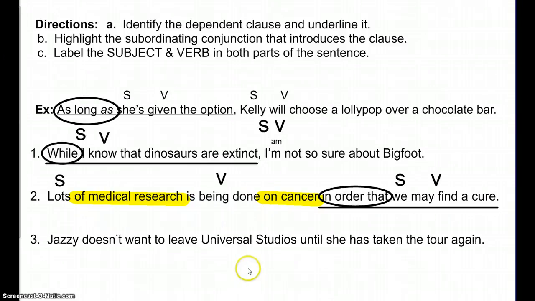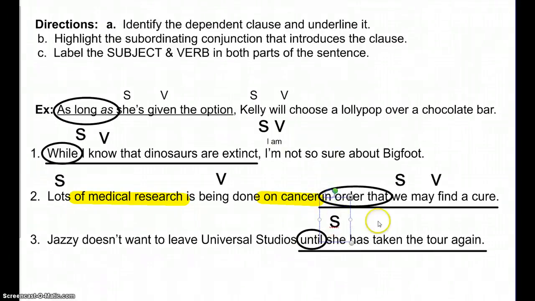Jazzy doesn't want to leave Universal Studios until she has taken the tour again. Looking at my list on that other page, until signals that I have a dependent clause. And that tells me where my dependent clause starts. Until what? Until she has taken the tour again. If this is truly a dependent clause, there has to be a subject in there. She is a subject.